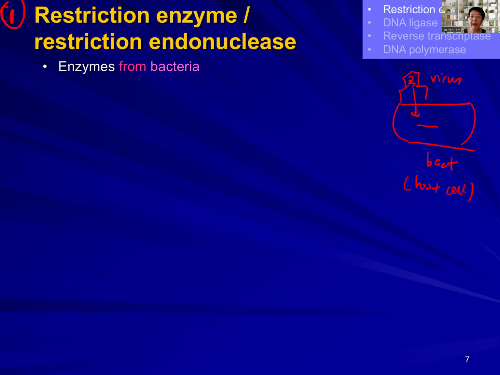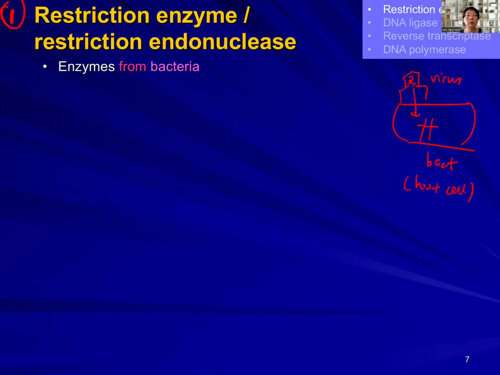Some bacteria resist the infection by viruses. Even though the virus can inject its genetic material into the bacterium, the bacterium has an enzyme that will cut the DNA of the virus. So it can no longer convert the bacterium into a viral production factory, because the DNA has already been cut.